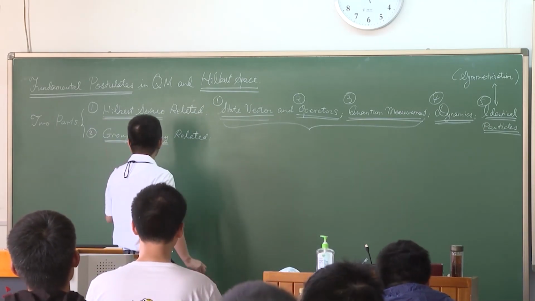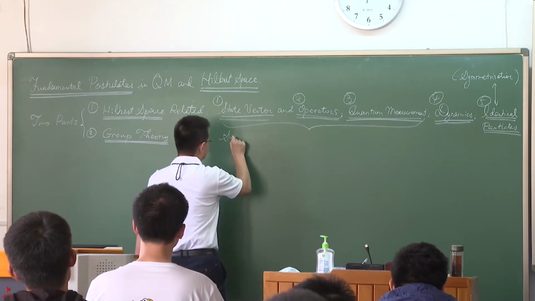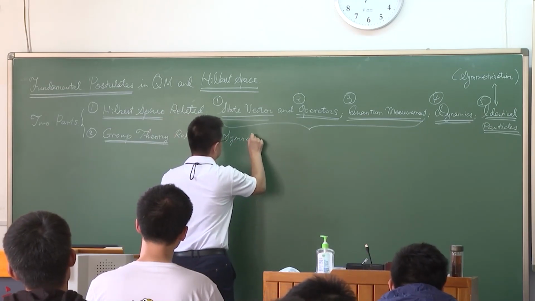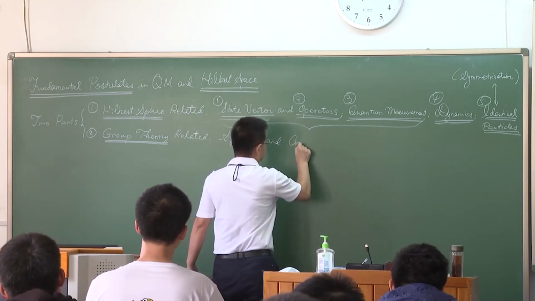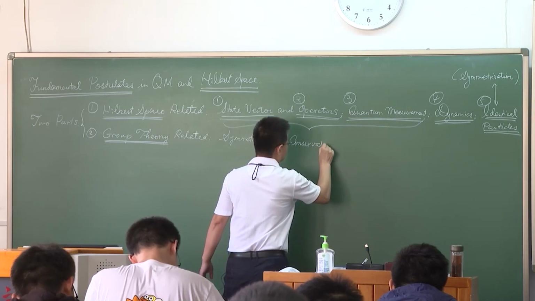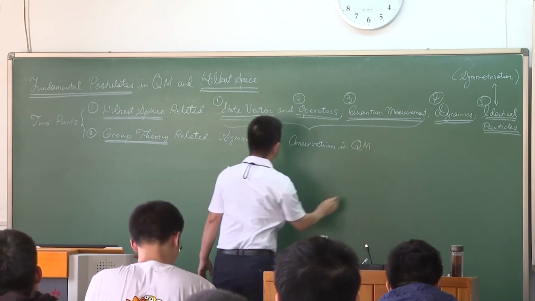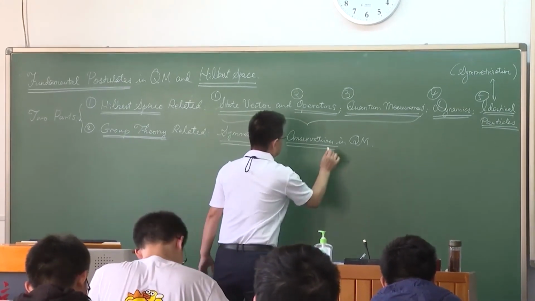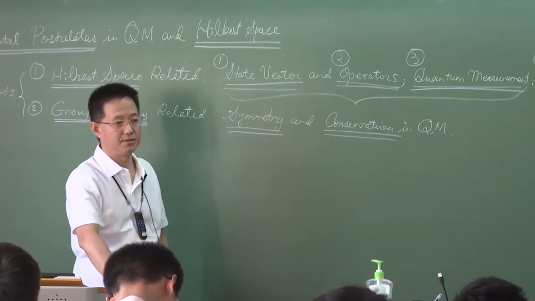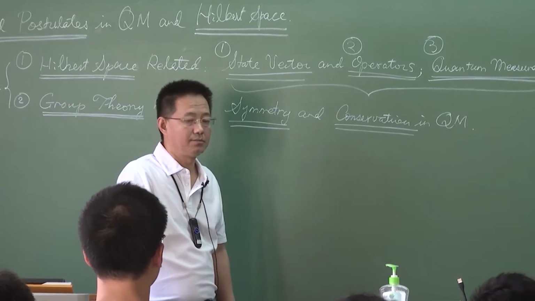And another part is group theory related. That is the problems of symmetry and conservation in quantum mechanics. Symmetry is a very important concept in all of physics, especially in quantum mechanics.